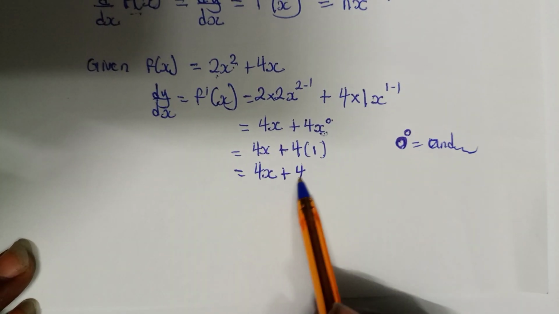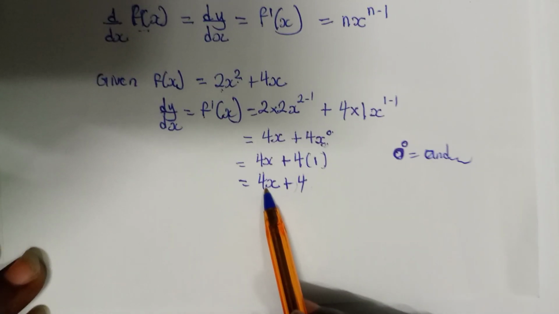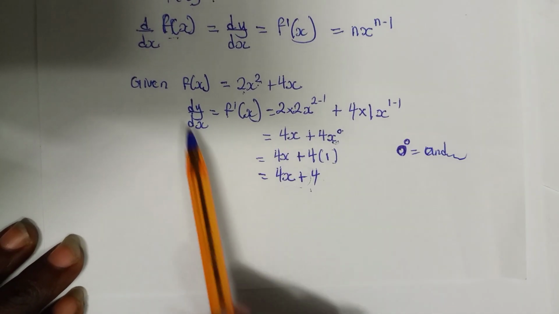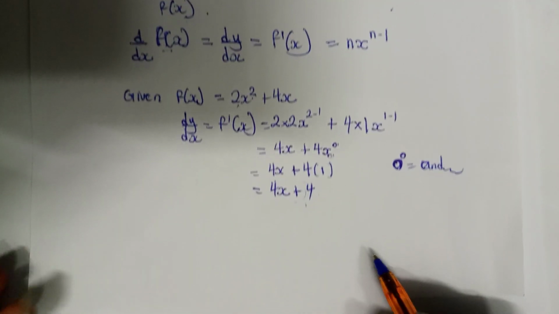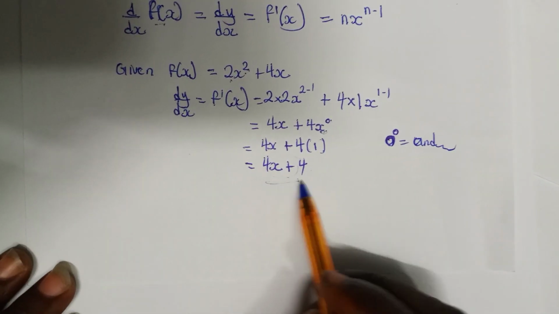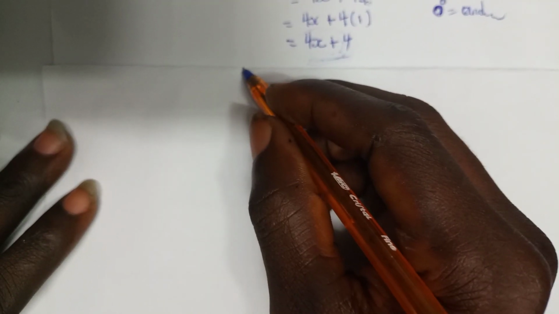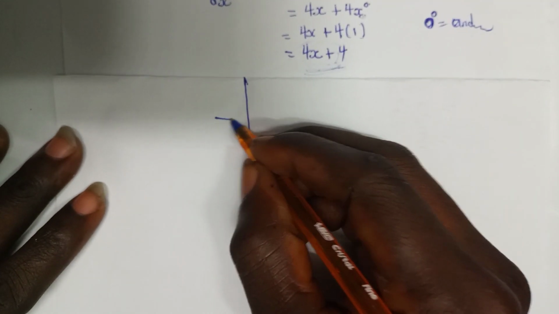Okay, so this function gives us the slope of the function f of x. It's the same as the slope of the tangent of a line. Let's talk about the tangent of a line.